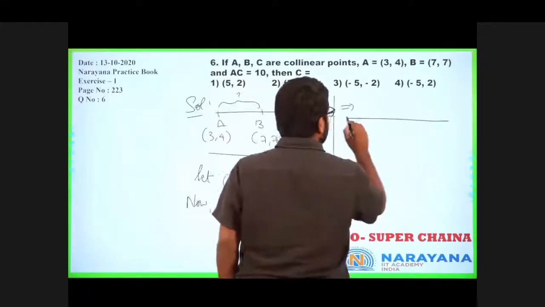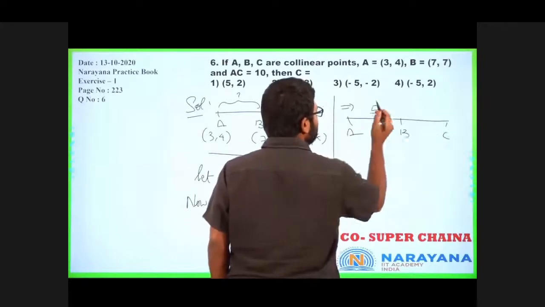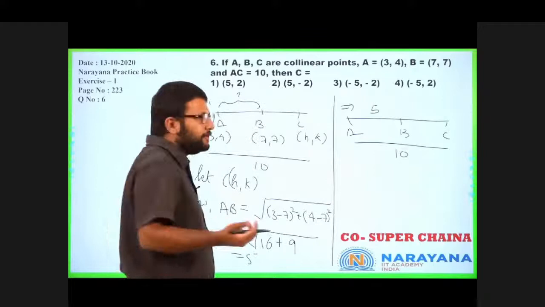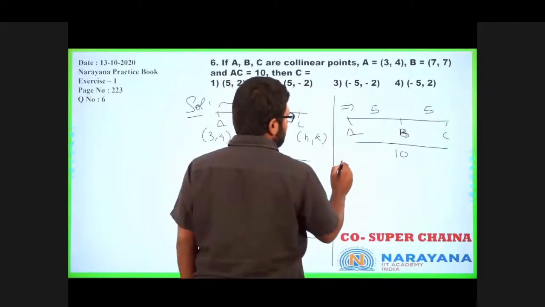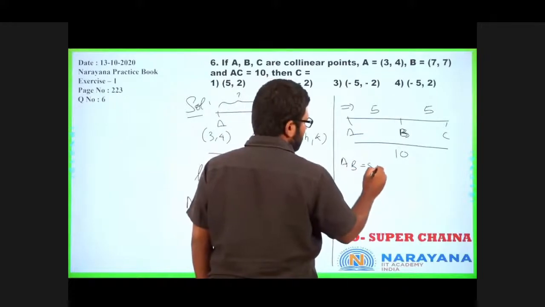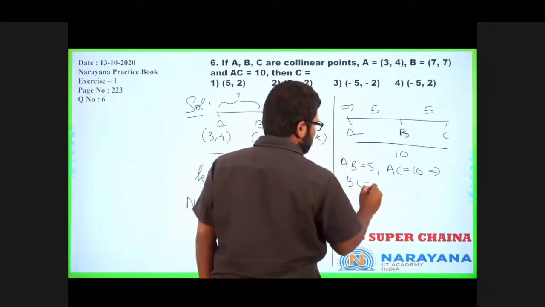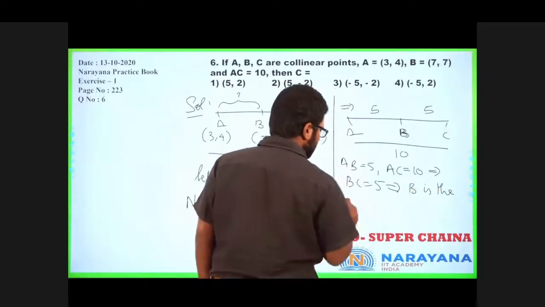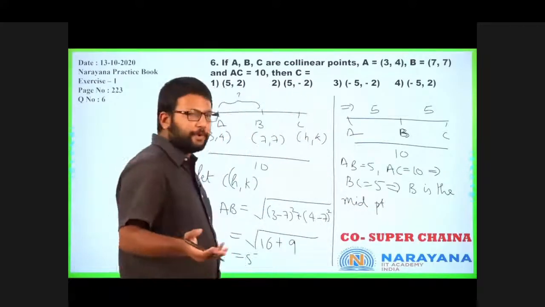Which means we have these points A, B and C such that AB is 5, AC is 10, so BC must be 5, right? AB is 5, AC is 10, which means BC is 5, which simply means B is the midpoint. Correct? B is the midpoint.